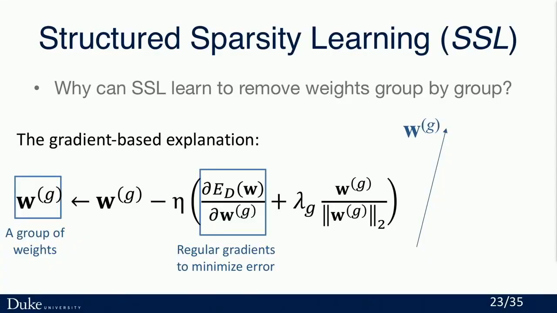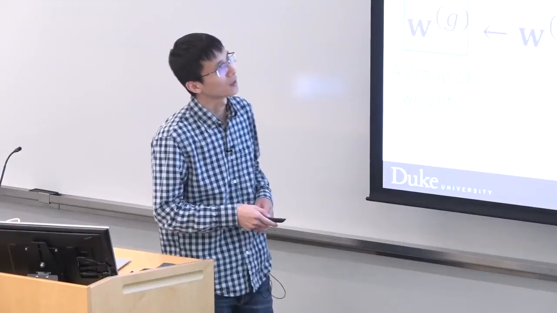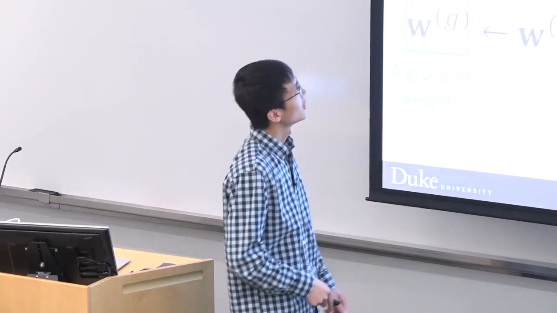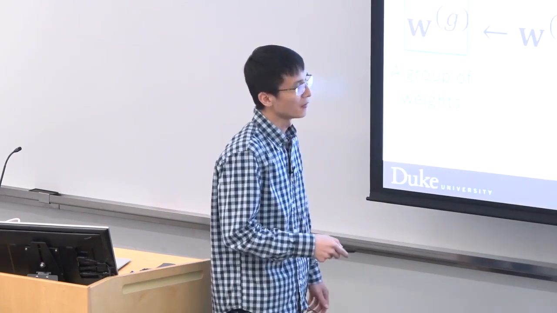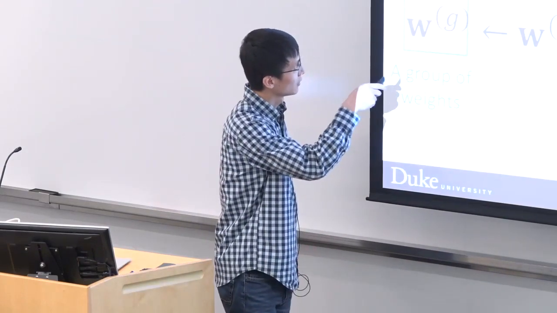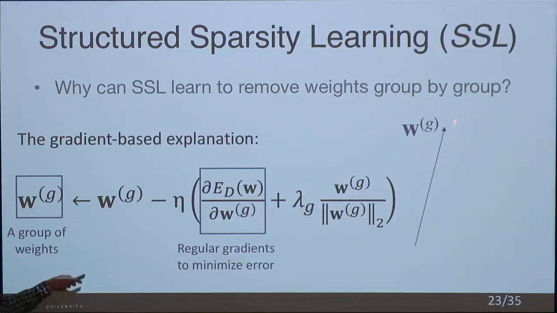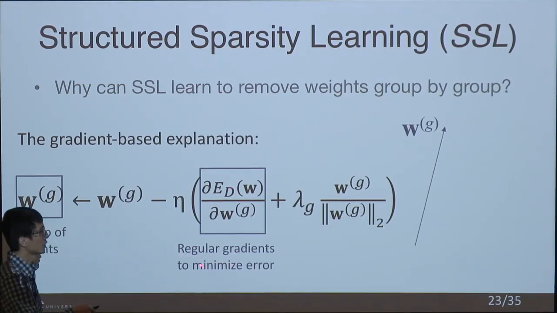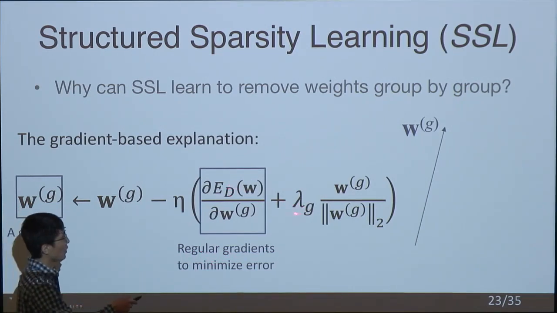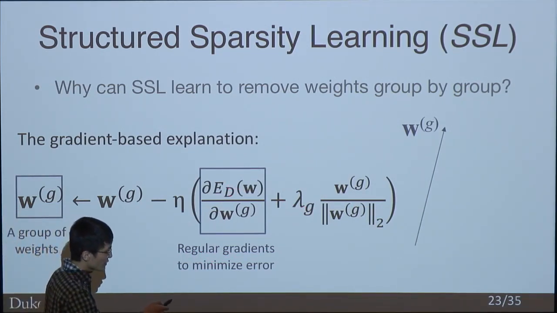We refer to our method as SSL. I'll use this one a lot. There are more rigorous proofs about why group lasso regularization can learn structured sparsity, but let's explain it iteratively. Here is the group of all the weights. It's a vector. When we do gradient descent, it will be updated by regular gradients, which come from the data loss, plus one additional gradient.